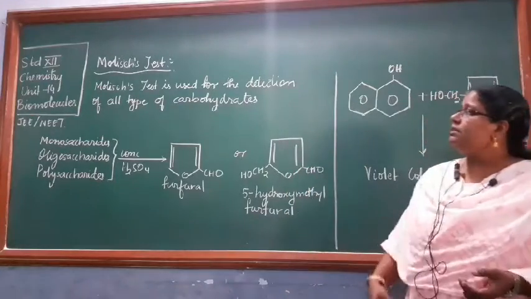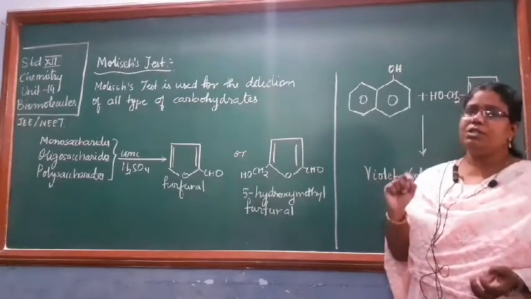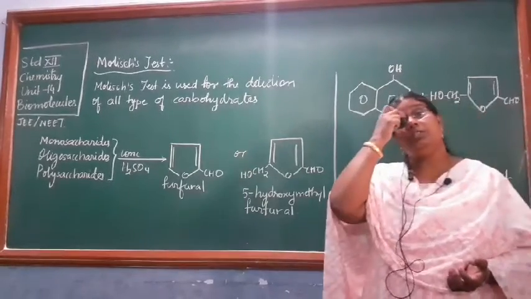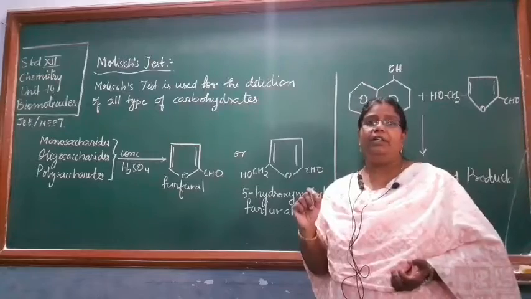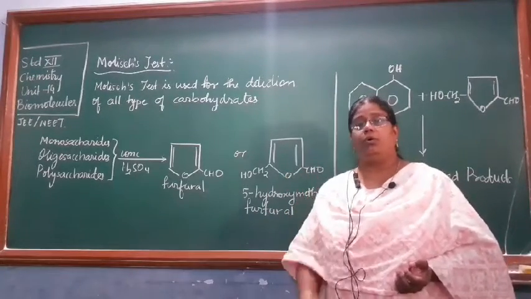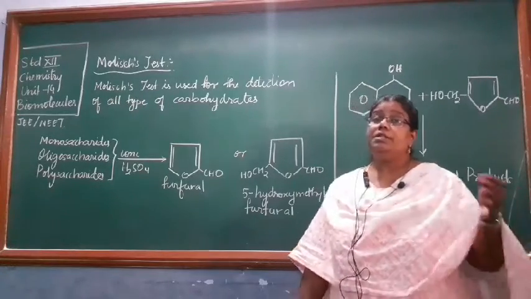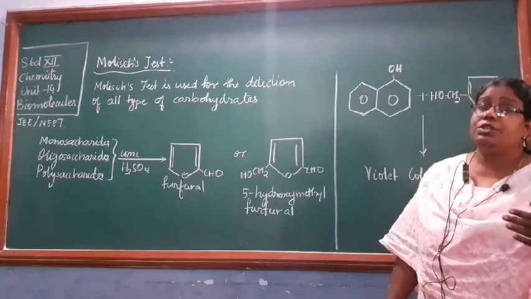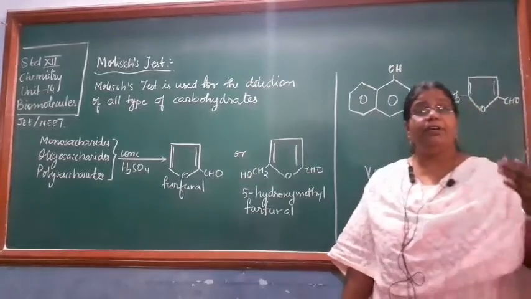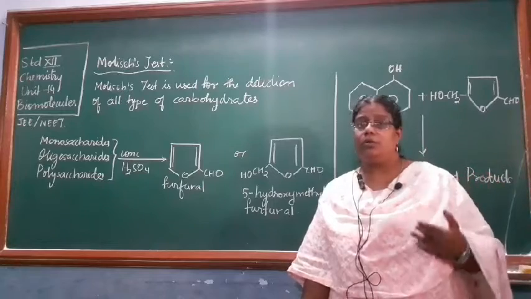Now, today we will discuss the Molisch test. The Molisch test is a test which is used to identify whether a given substance is a carbohydrate or not. So, what is the Molisch test used for? It helps us to identify whether the given substance is a carbohydrate or not.